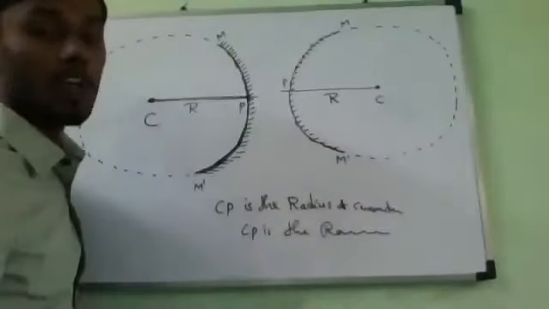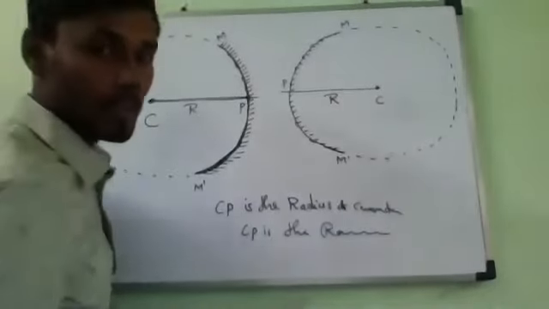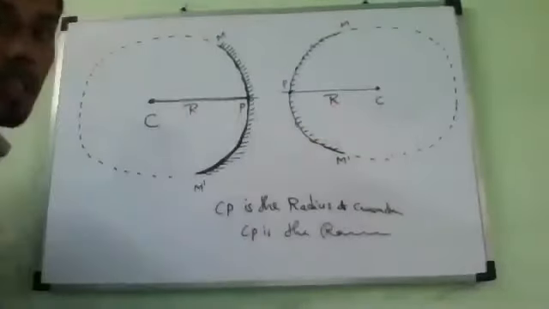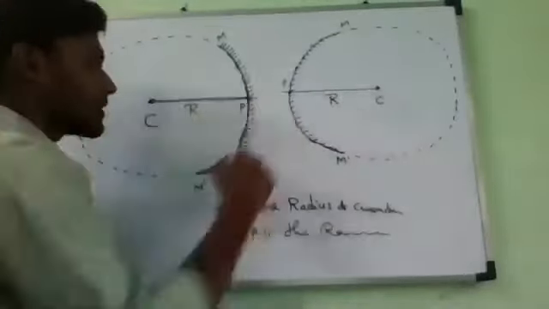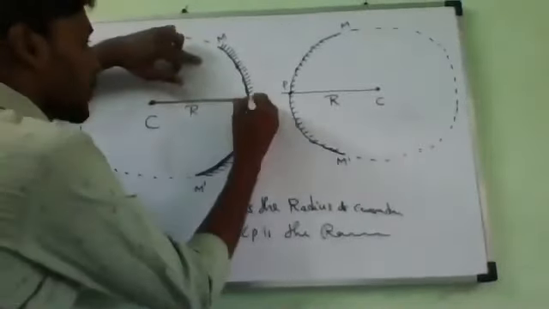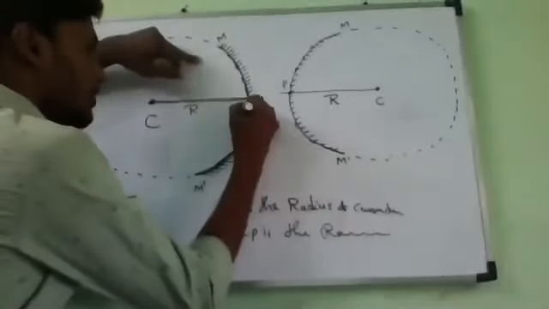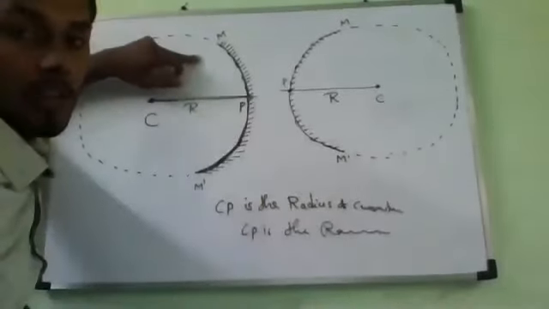That point is called the pole. Remember, that will be the center of this spherical mirror. If you take this full spherical mirror, that exact midpoint of the spherical mirror is called the pole.